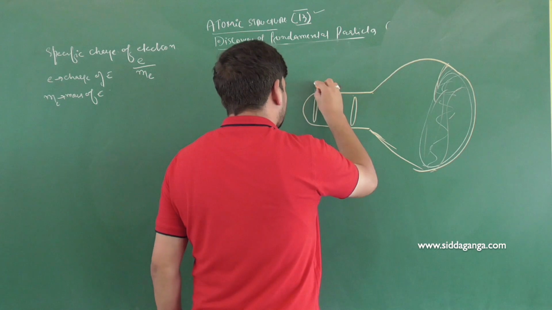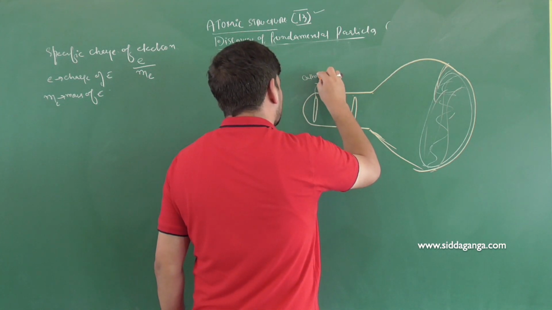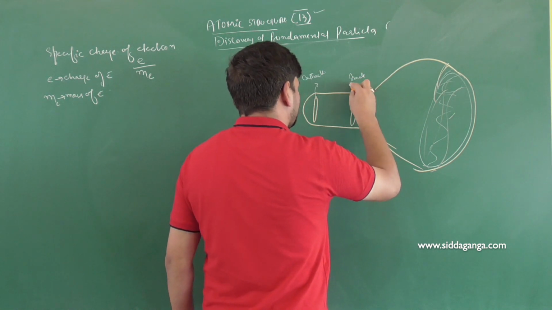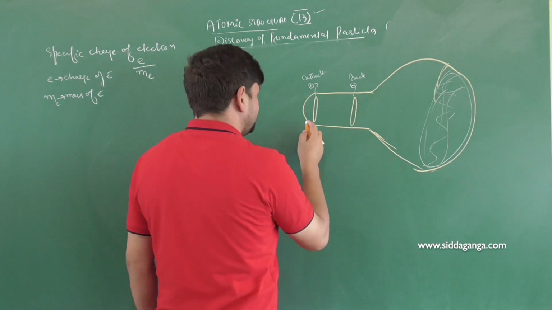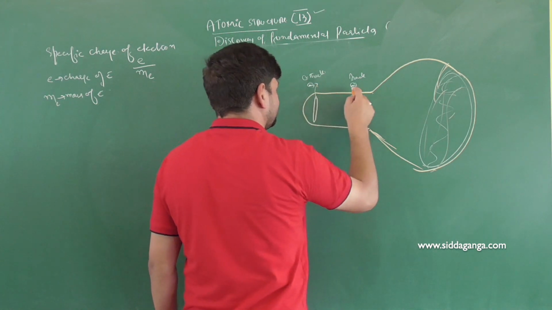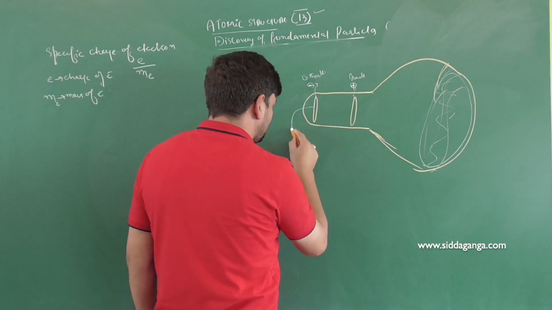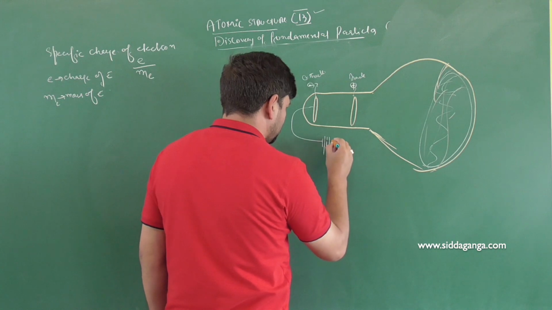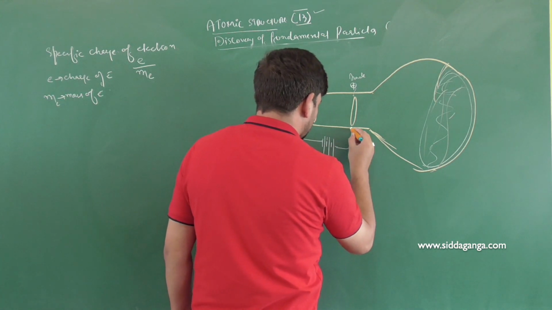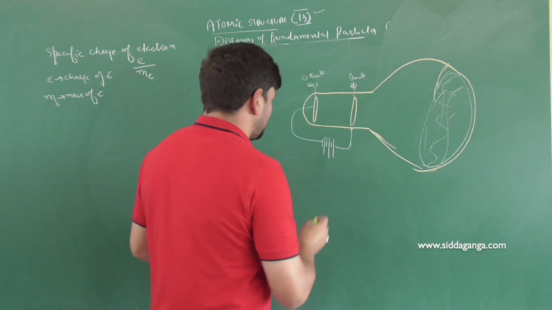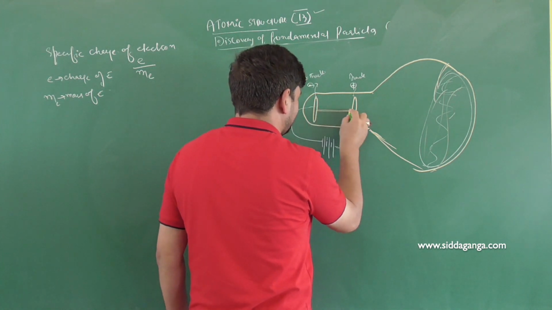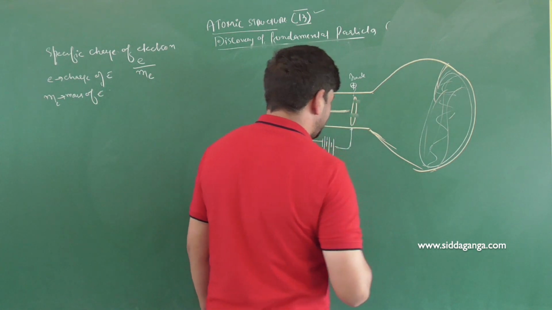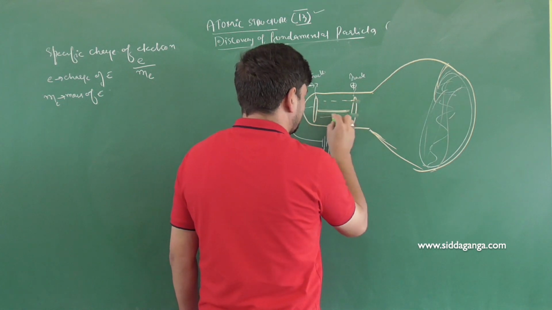We have the cathode here. This is the anode. I'll mention now the particles starting here. There were perforations made in this, as I mentioned a while earlier. So these particles started to move through.